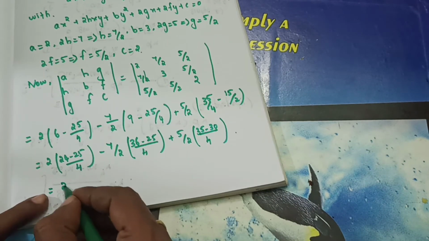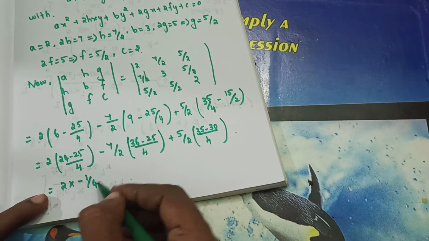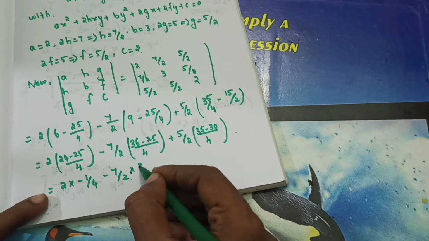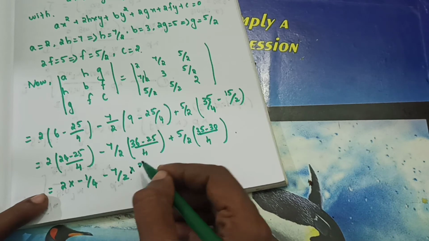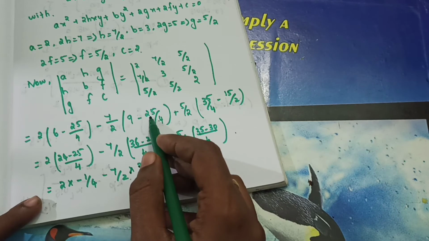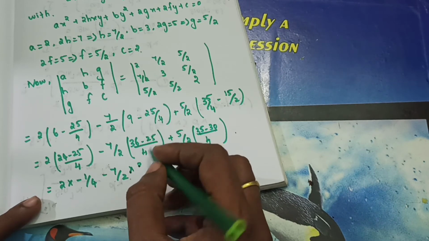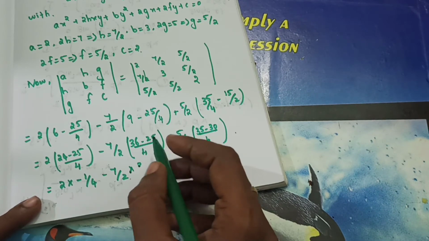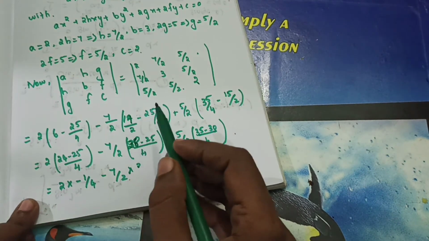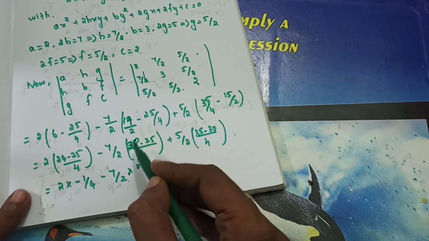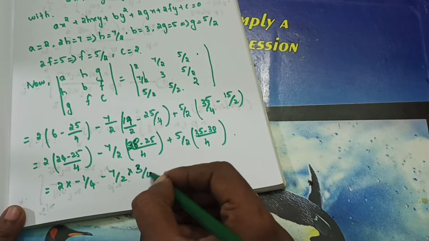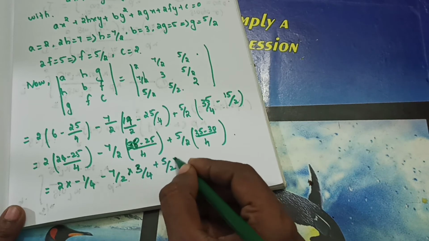That's equal to 2 into minus 1 by 4 minus 7 by 2 into 36 minus 25. Okay children, here there's some small mistake, so it's 14 by 2. So how much will get? 28 by 4. Plus 5 by 2 into 5 by 4.